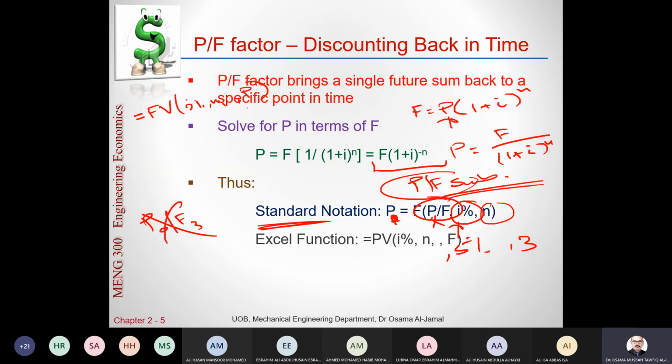I, N, blank, F. The only thing different now is that we want to calculate present value instead of the future value. Since it is the present value, put the F. Since that one is the future value, put the P.